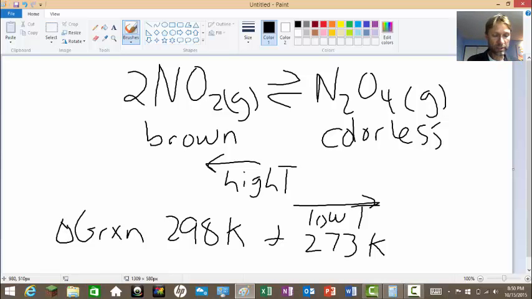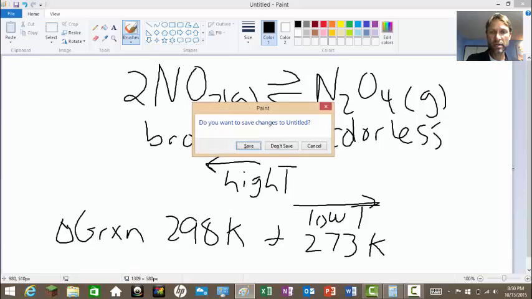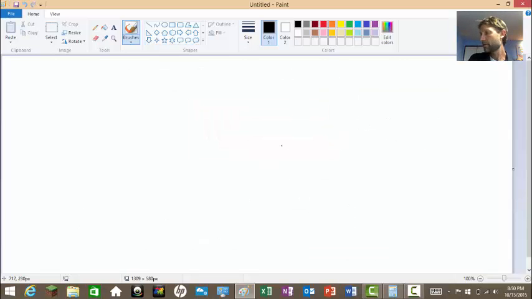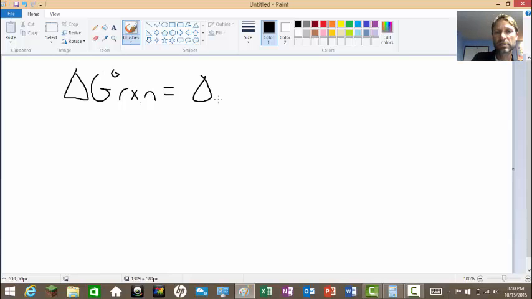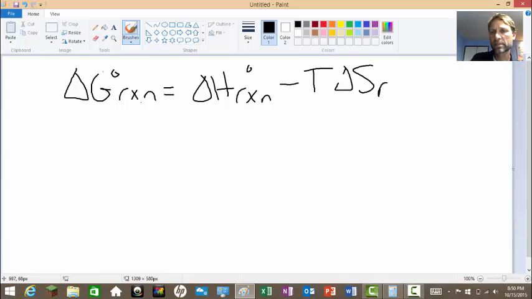We're going to use our favorite equation here, which is delta G of reaction equals delta H of reaction minus T delta S of reaction.